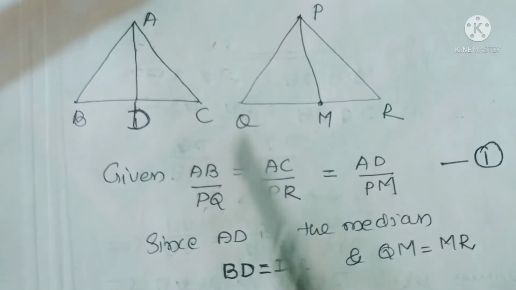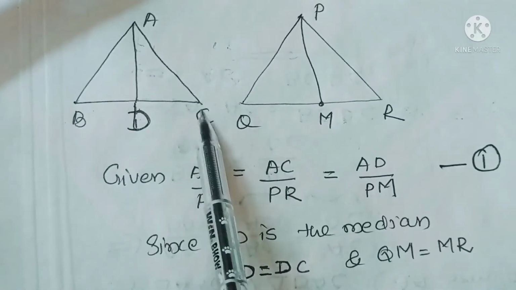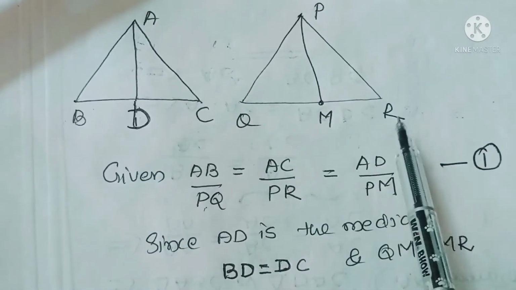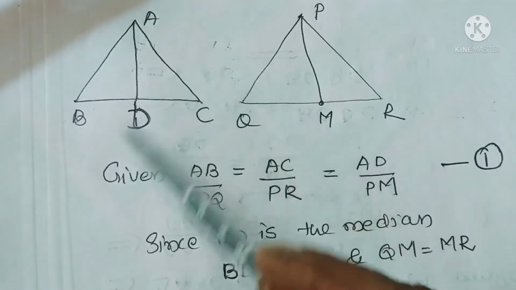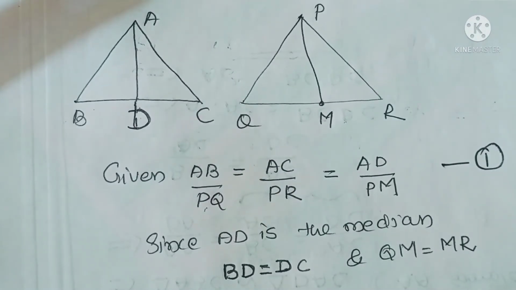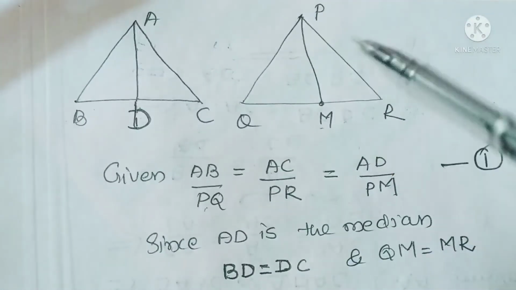Since AD is the median, BD equal to DC. PM is the median, QM equal to MR. For proving, we want to construct another triangle. How can we construct? Extend AD and PM.